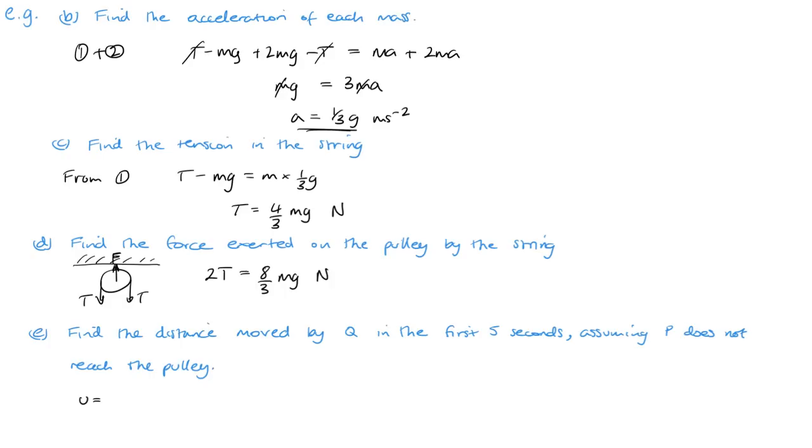So it starts at rest, doesn't it? Acceleration is 1/3 g. T is equal to 5, and S is what we want to find. So S equals ut plus a half at squared.